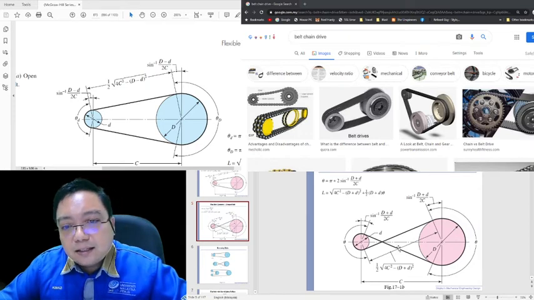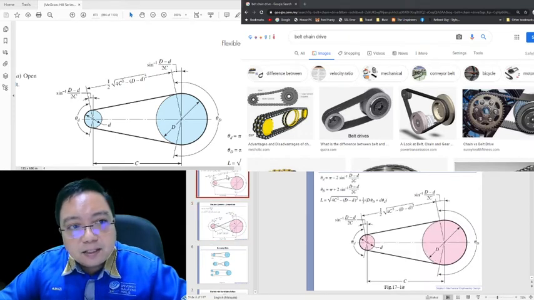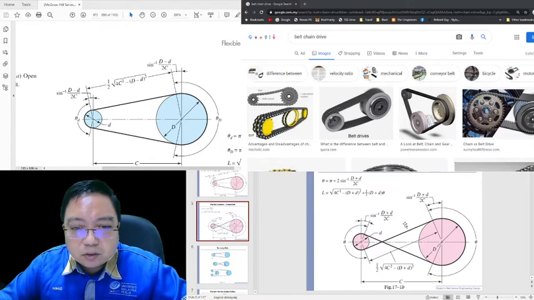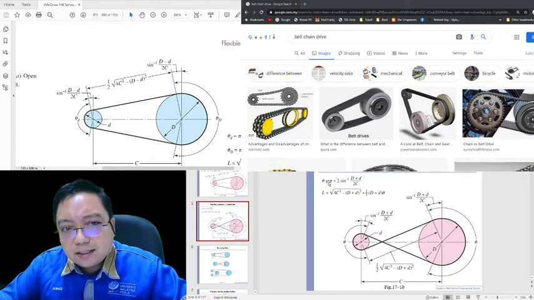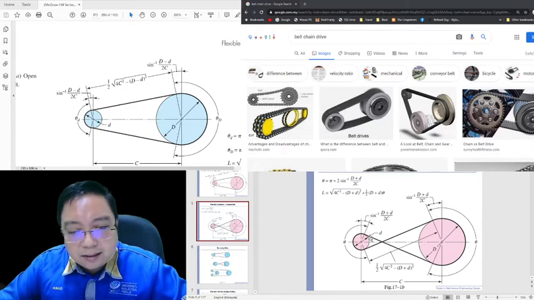This is another equation, for the cross belt. Previously was the open belt; this is the cross belt. The equation is theta equals pi plus 2 sin inverse of (D plus d) over 2C, and L is the length of it, calculated just the same as the previous one, with the square root of 4C squared minus (D plus d) squared plus half of (D plus d) theta.